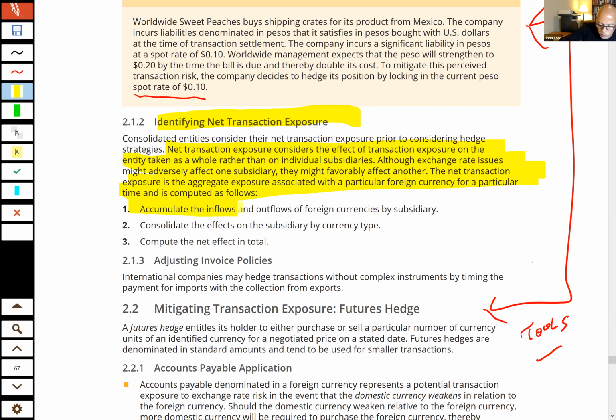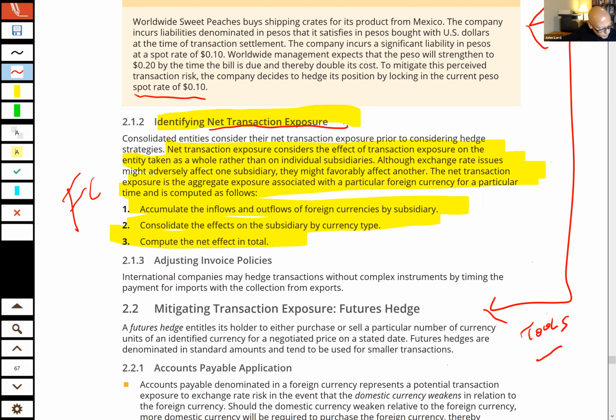And we've seen how we will accumulate the inflows and outflows of foreign currencies by subsidiary, consolidate the effects of the subsidiary by currency type, and compute the net effect in total, and then work to mitigate some of those risks accordingly.